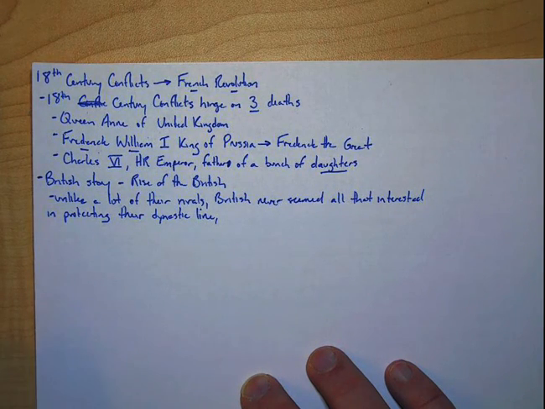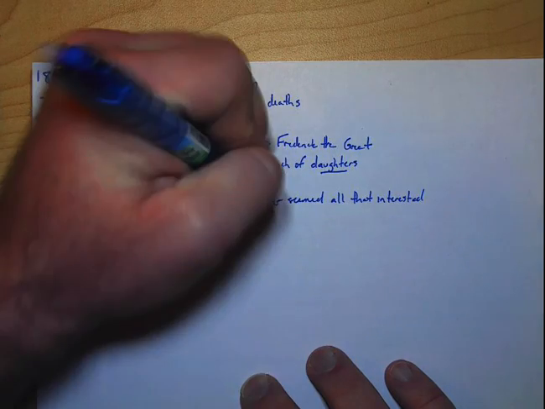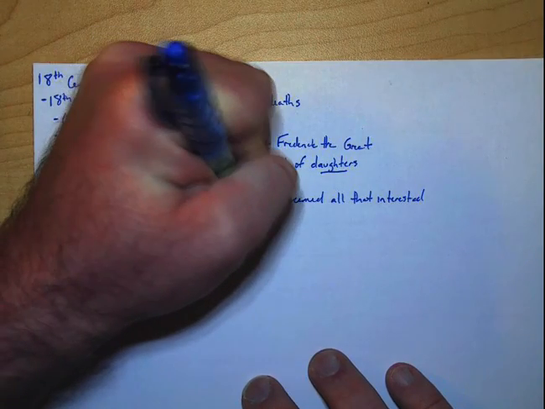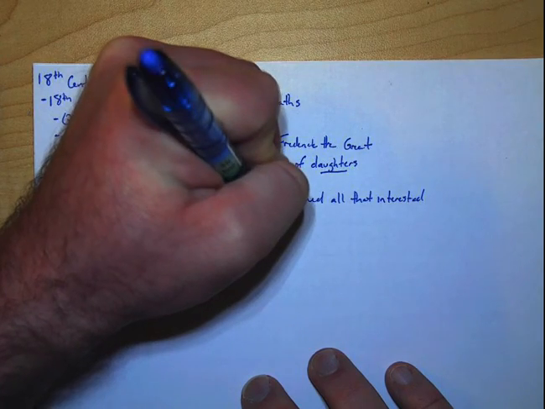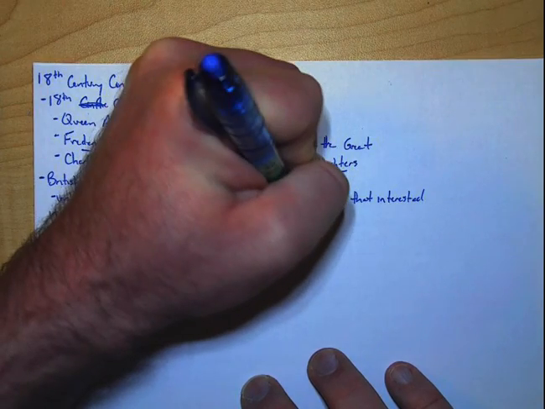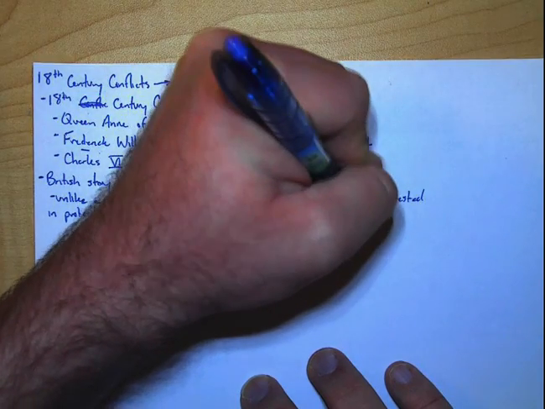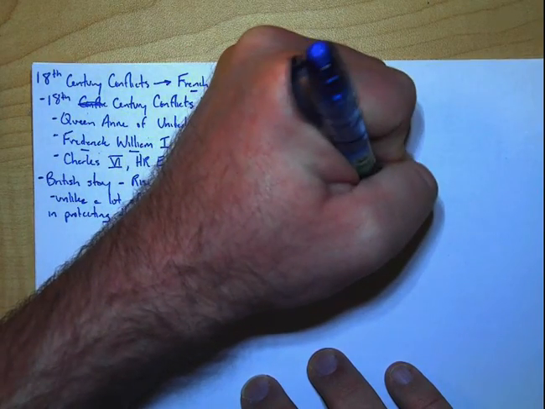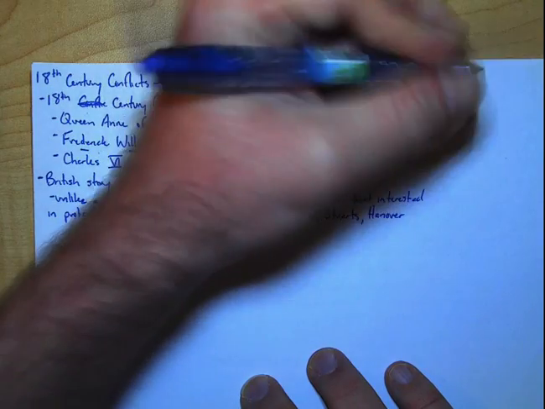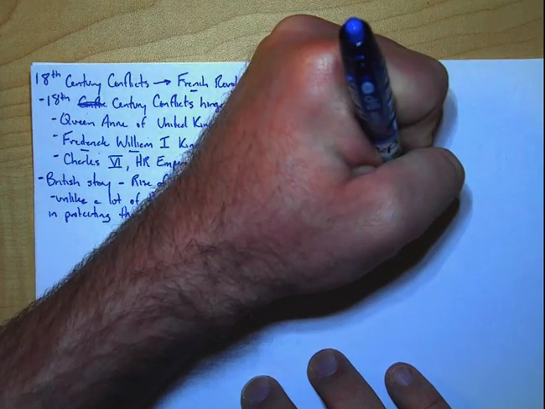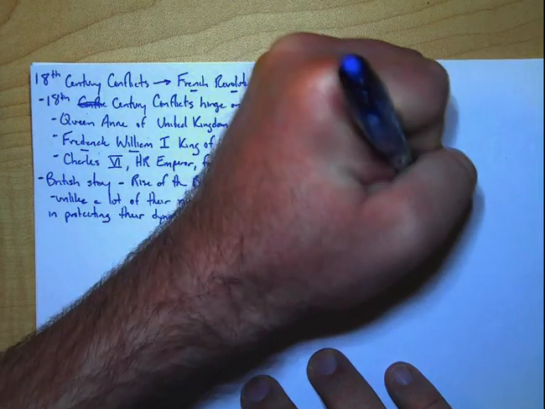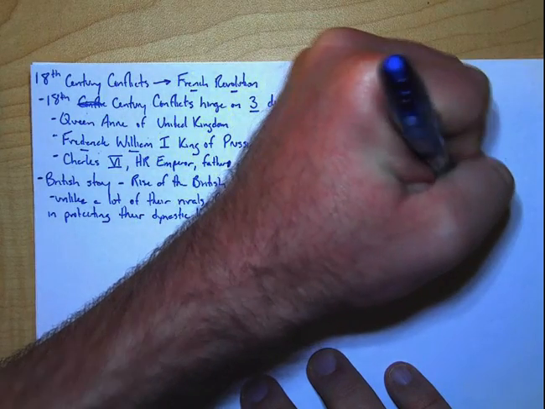The same thing could be said about the Russians or the Prussians. So there are three dynasties: the Tudors, the Stuarts, and now the House of Hanover, or Hanoverians, in 150 years.